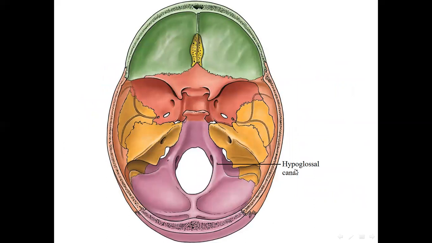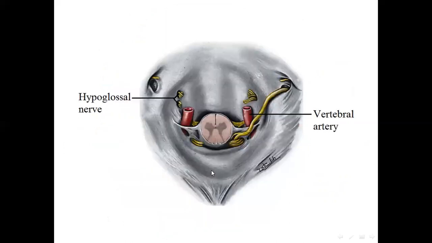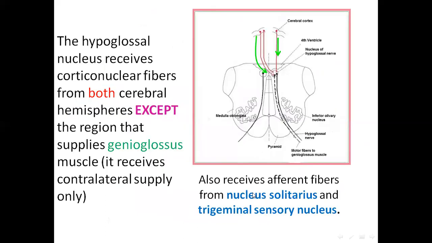This is the hypoglossal canal in the posterior cranial fossa. So we can see how this nerve is entering from the brainstem, that is the medulla oblongata, into the hypoglossal canal.